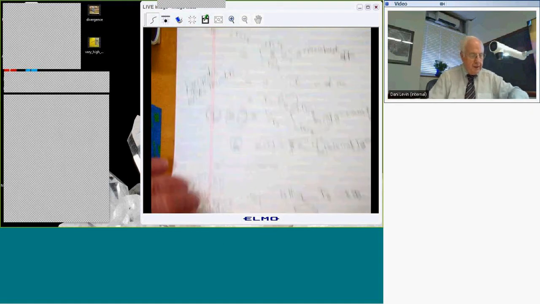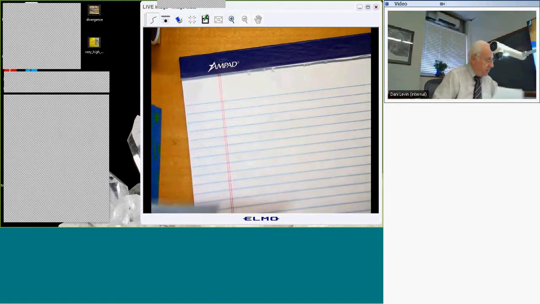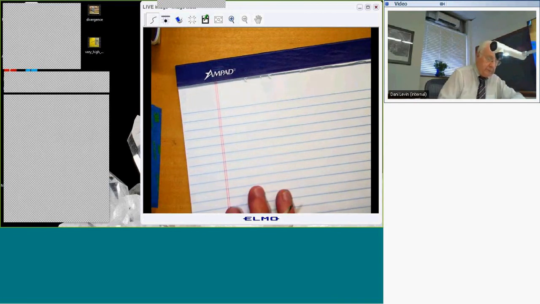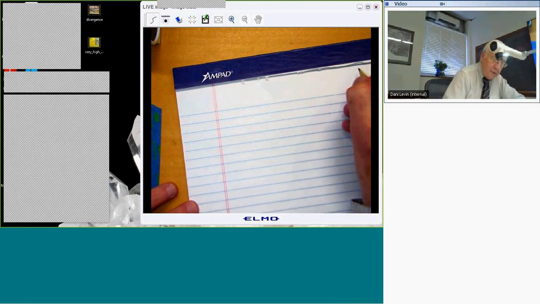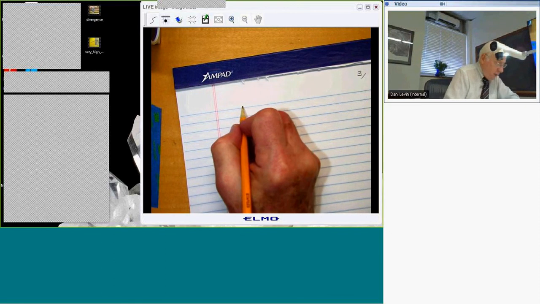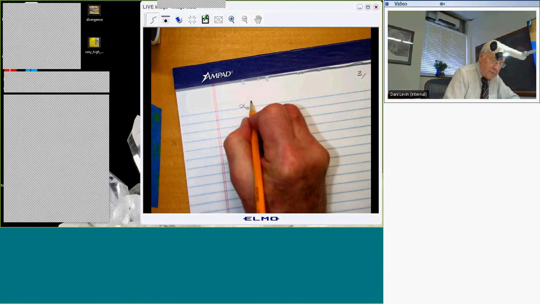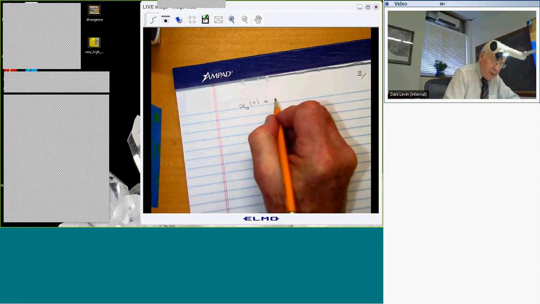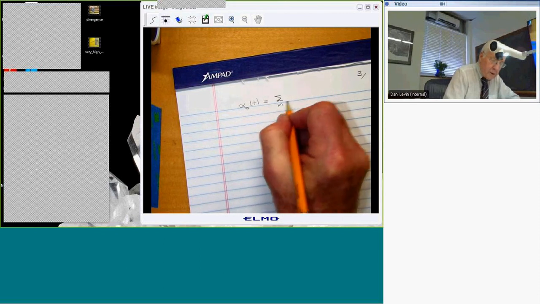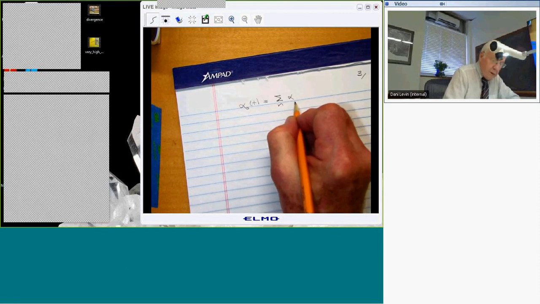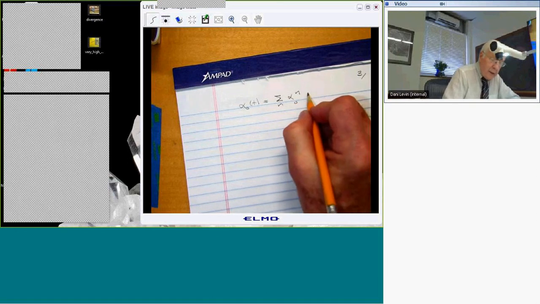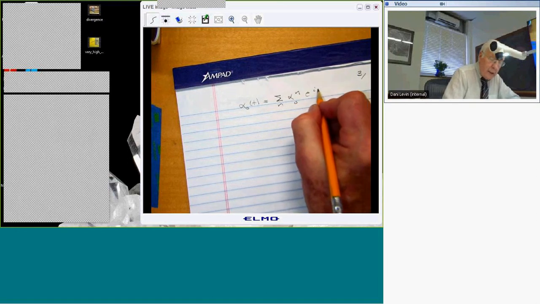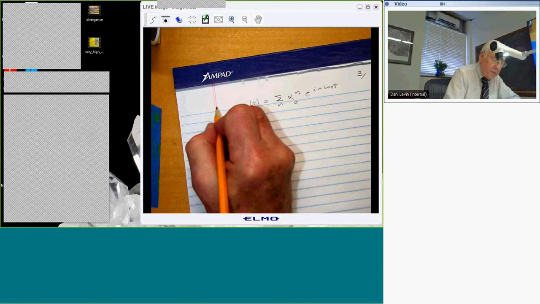All right, so let me write these equations down again, so we'll have them in front of us. We have alpha naught, which is this summation, alpha naught n e to the i n omega naught t. That's equation 5.